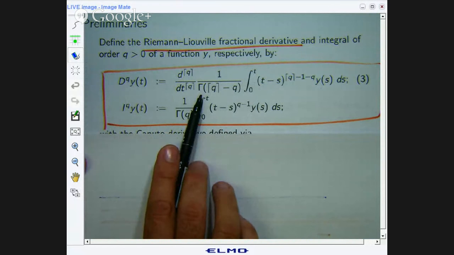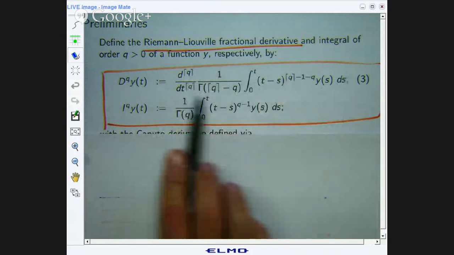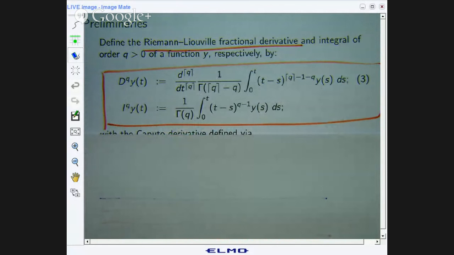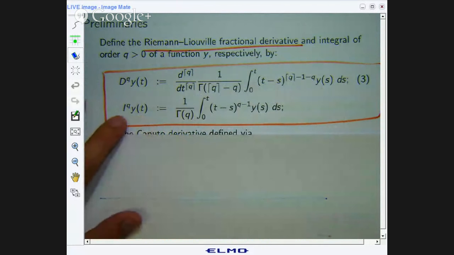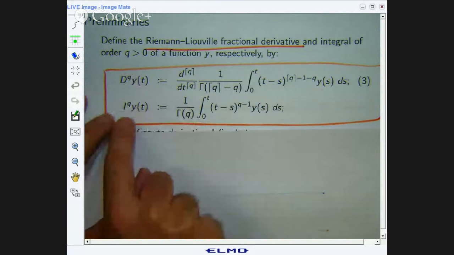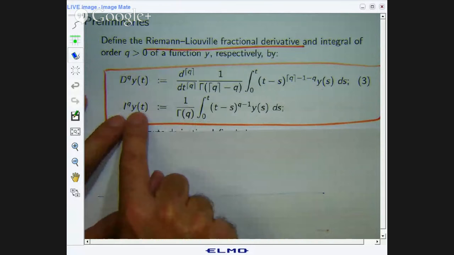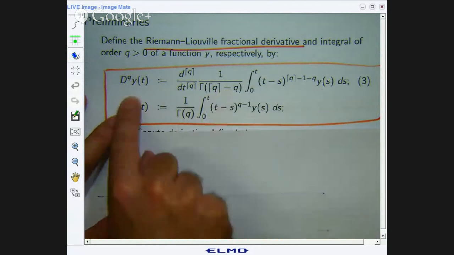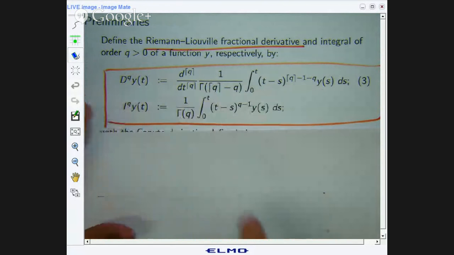Now, when q is an integer, these things just all cancel each other out, and you just get the regular derivative. Now, like you would expect in any kind of calculus, if you have a derivative, you should have an integral. This I^q is the fractional integral of order q of this function y.